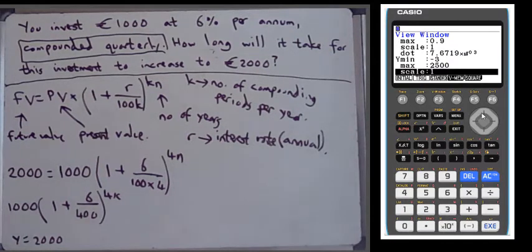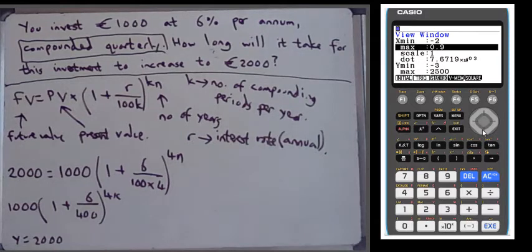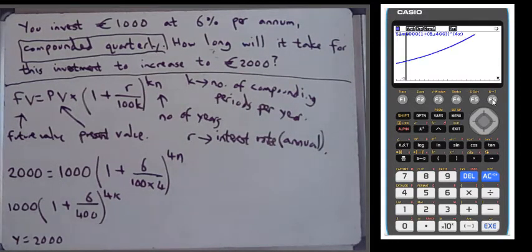For the x, if it's going to take a few years, let's try, say, 20 years. And if it's wrong, we can just change. So execute, execute, draw. And you can see an intersection.